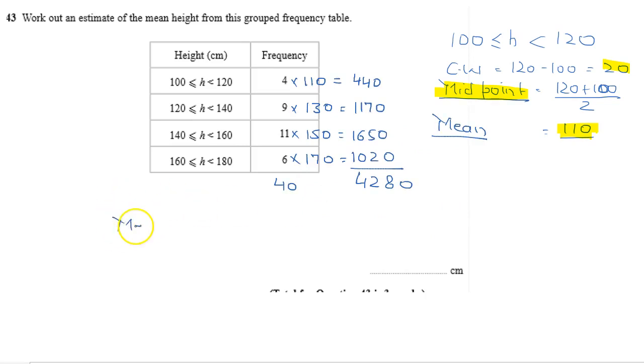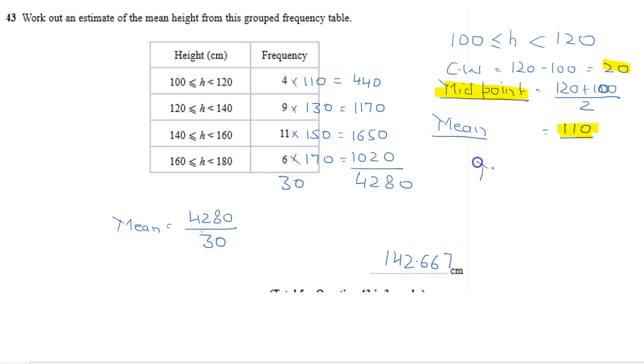So your mean will be 4280 divided by... sorry, the frequency is not 40, this is 20 and 10, 30 only, so that is 30. So the mean will be, you can write it like that, 142, or in decimal it will be 142.66 or 7, so you can write any answer.